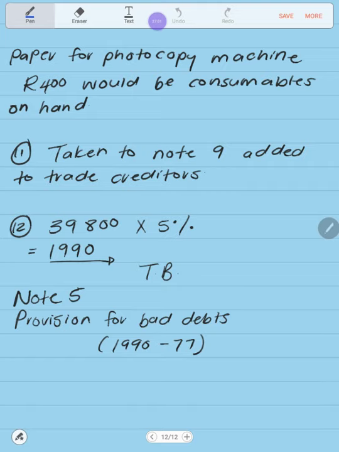The paper for photocopy machine is your 400, and this will be recorded as consumable stores on hand. You will subtract it from your income statement and you will take it to note 4 under consumable stores on hand.